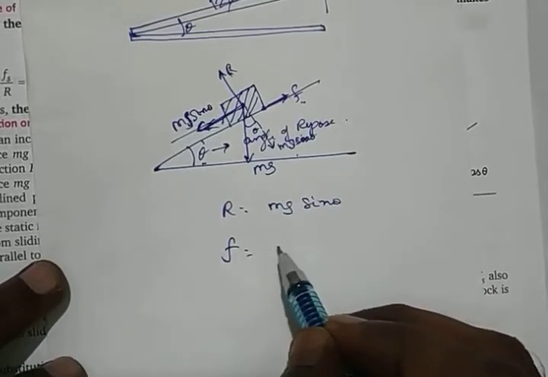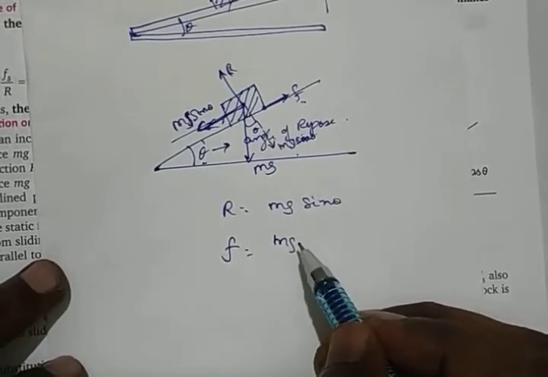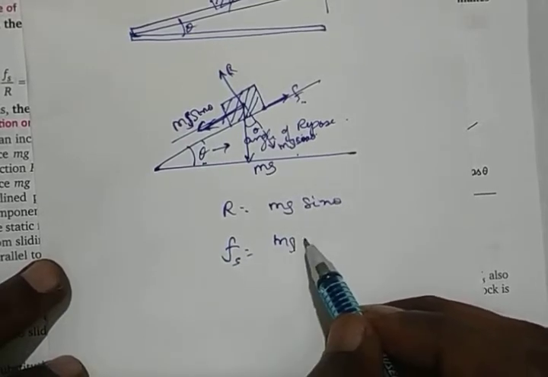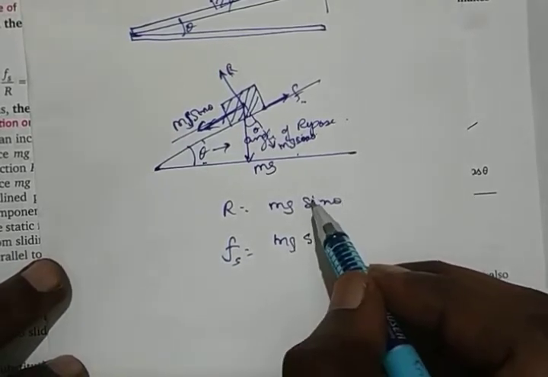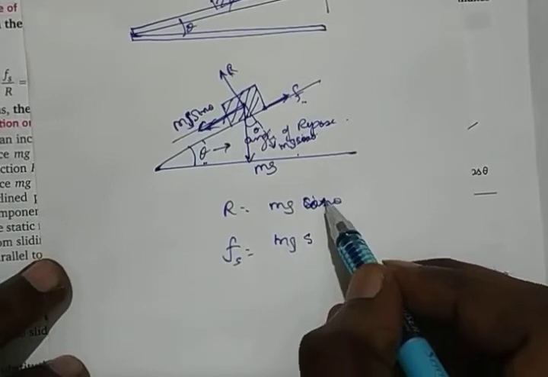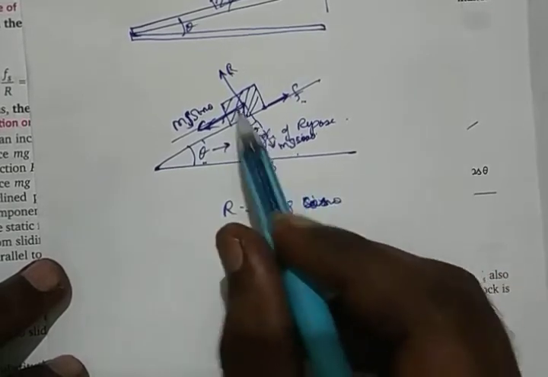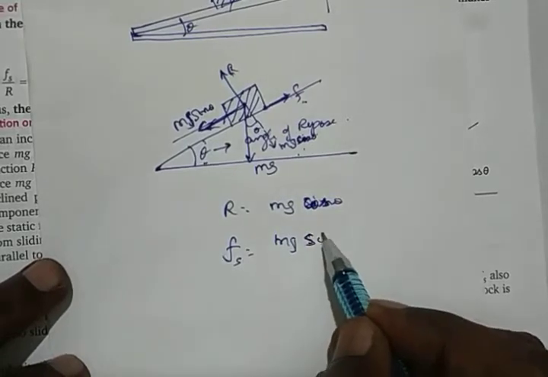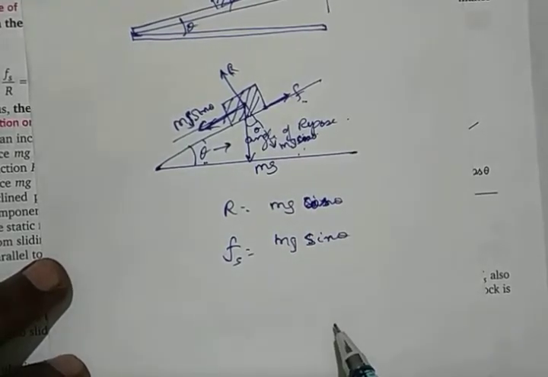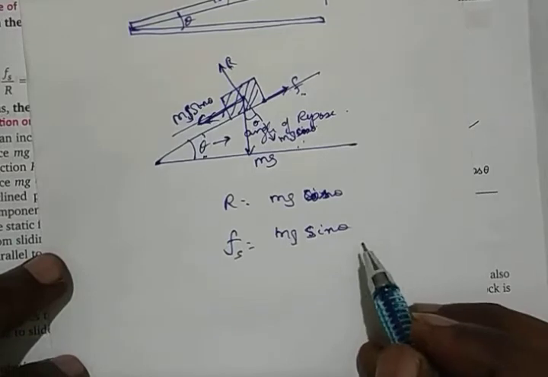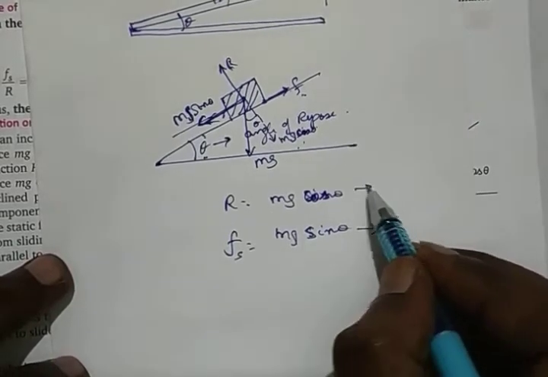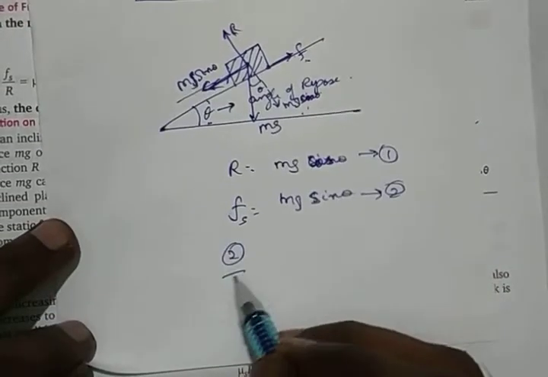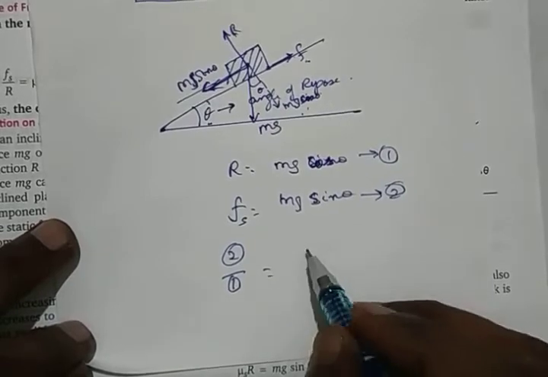And R is equal to mg cos theta, because R is opposite to the cos theta component, and this is sin theta. So this is equation number 2, this is equation number 1. Divide 2 by 1.